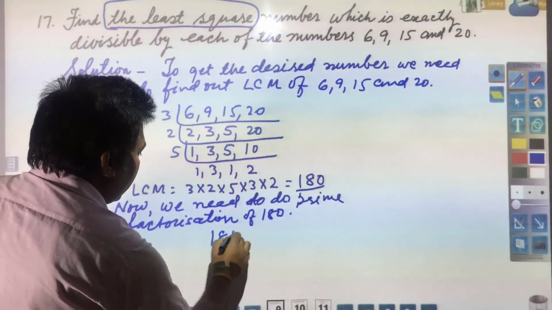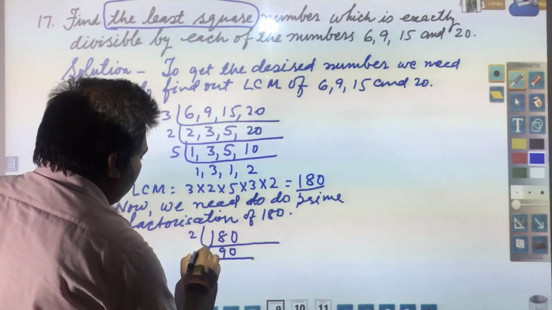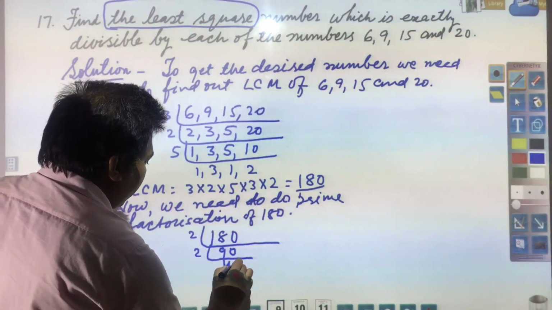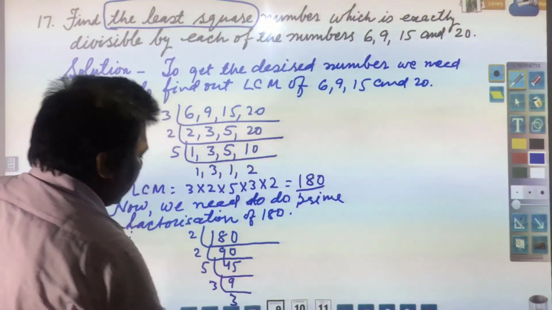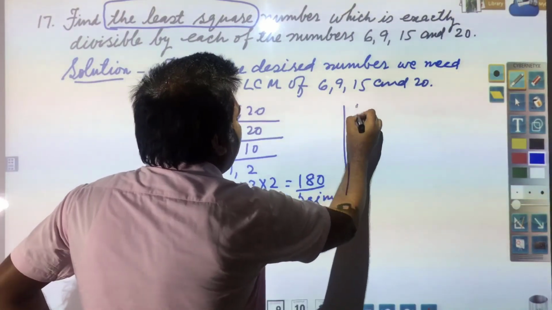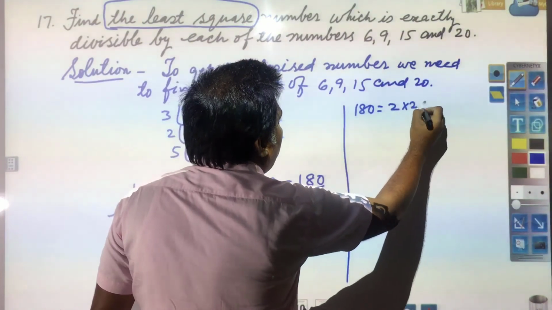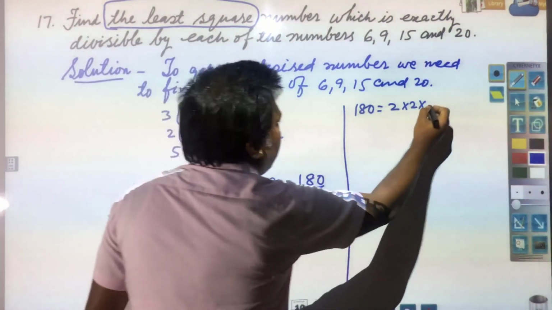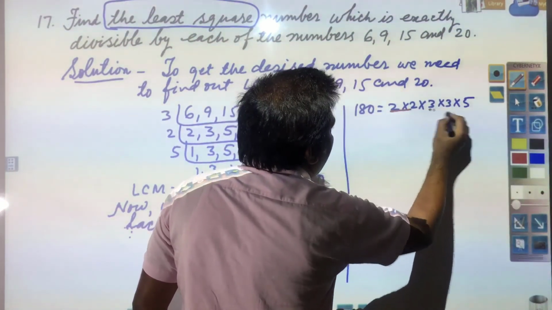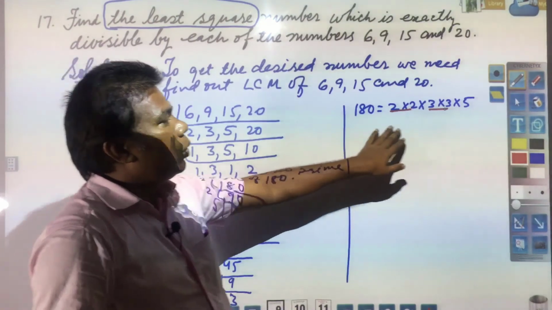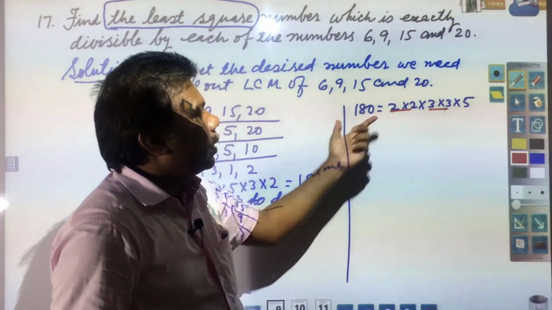Here you see 180, 2 9s are 18, 2 45s are 90, 5 9s are 45 and 3 3s are 9. So, 180 can be expressed as 2 into 2 into 3 into 3 into 5. If you make pairs, for making it a perfect square you need to multiply this number by 5, so that it will become a perfect square.